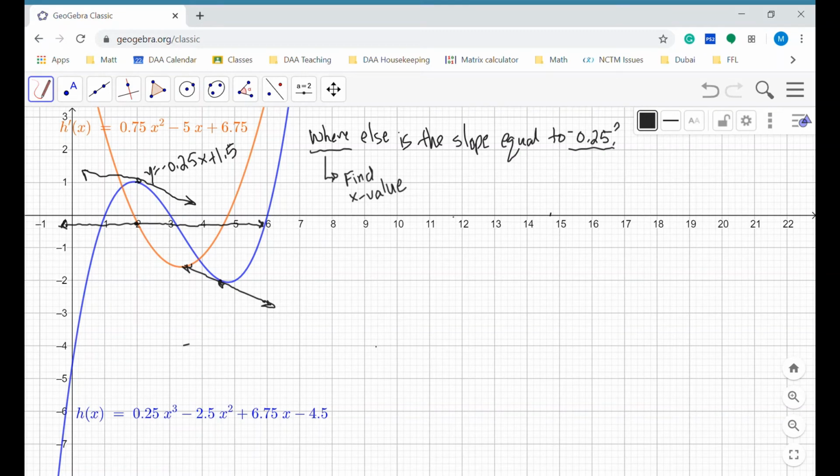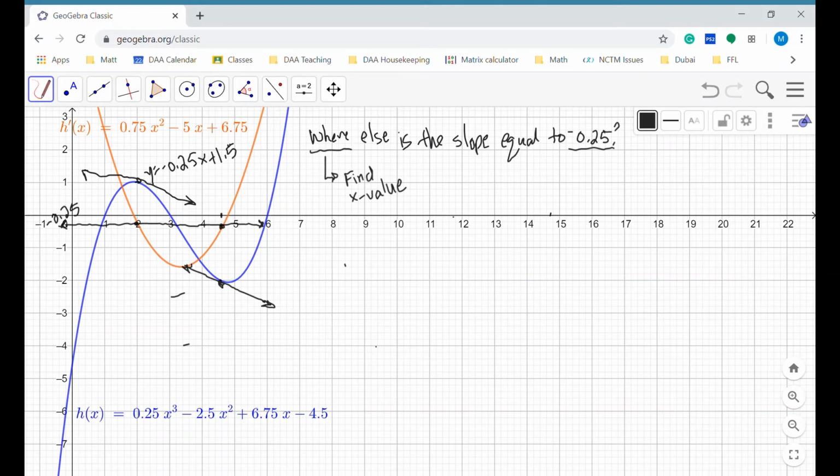The other way to look at it is, like I said before, the y values of this derivative are the slope of the blue line. So we found that at x equals 2, this has a value of negative 0.25. So where else does that happen on this graph of the derivative? Well, that happens over here.